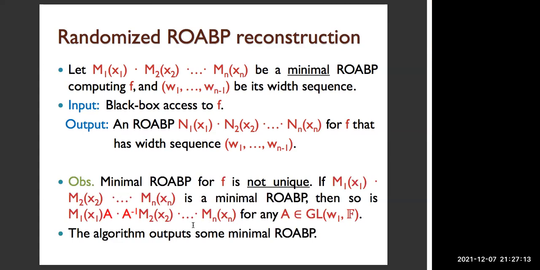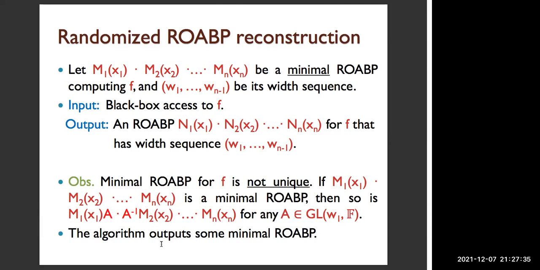Also, along with it, in between M1 and M2, you can multiply M1 with A and M2 with A inverse, and the width does not change. And you still get an ROVP computing the same polynomial, a different ROVP, where M1 has become, let's say, M1 prime, and M2 has become M2 prime, and so on.